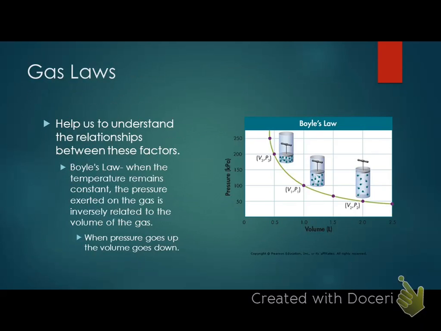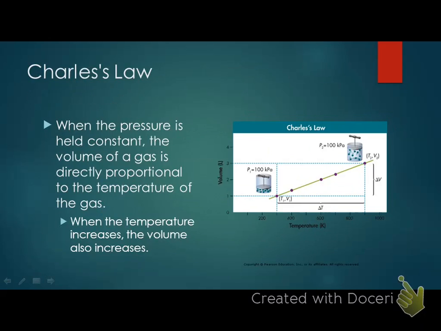Pressure outside goes down, the volume of the same gas will go up. Now, this relationship is going to be very helpful as we move towards our ideal gas law. So understanding these relationships is not just something random, but we're going to come to where it all plays a key role.